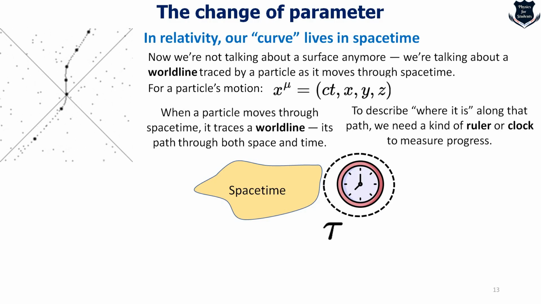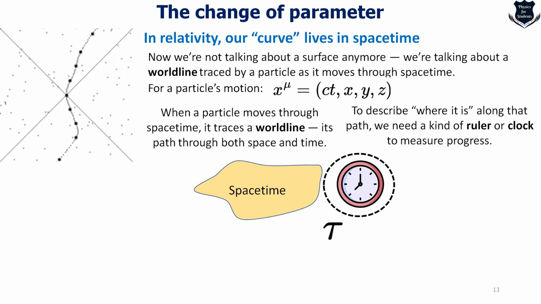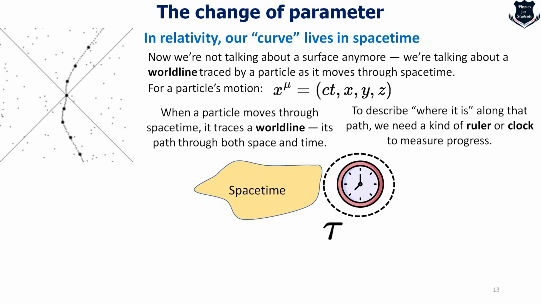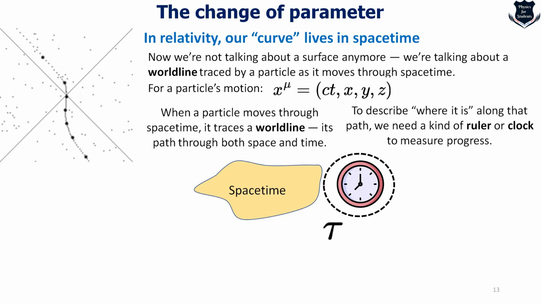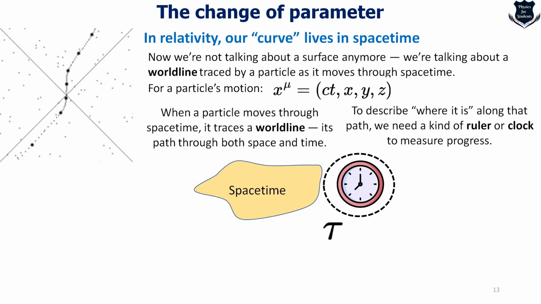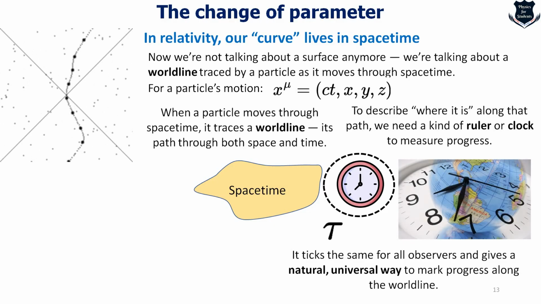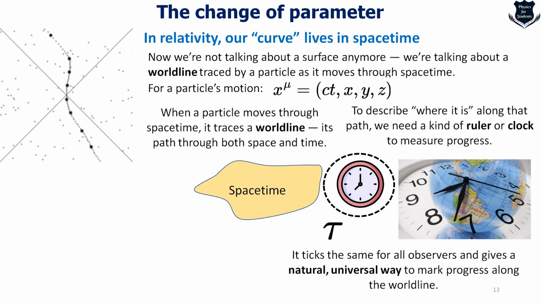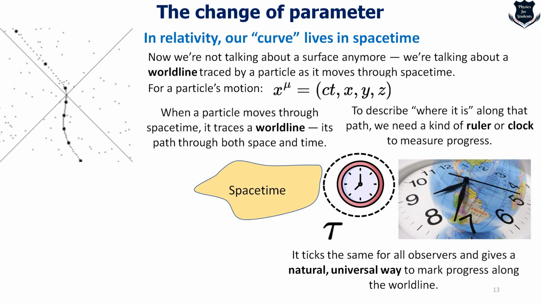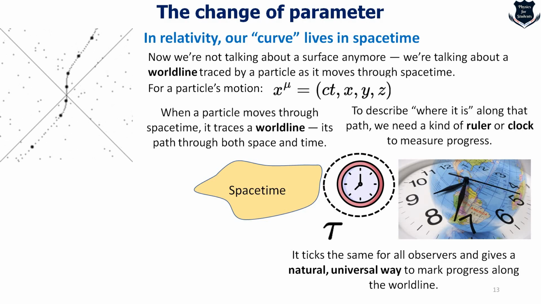If this round circle is the particle, I have put up a clock. This is the particle's own clock, and this is the proper time, denoted by the Greek letter tau. Now this tau is the same for all observers and gives a natural universal way to mark the progress along the world line.